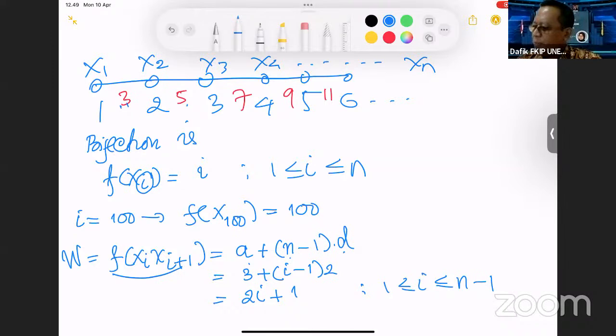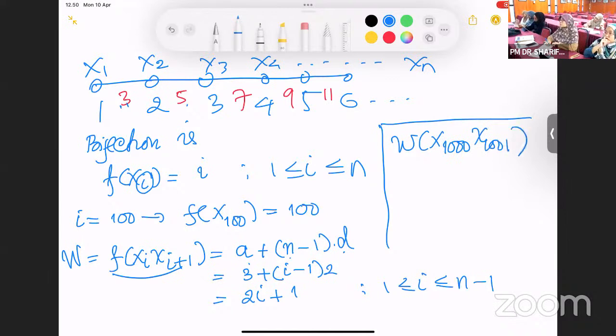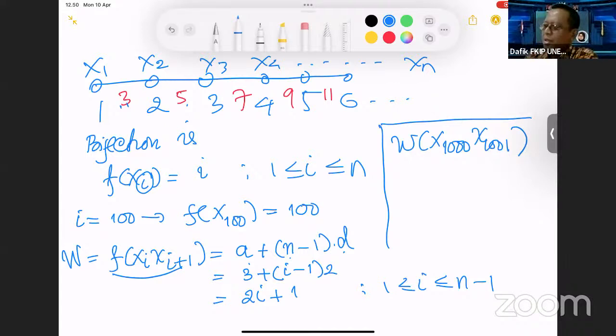So whatever you are asked, for example, what is the edge weight of 1,000? Understand? So then you say i is 1,000.